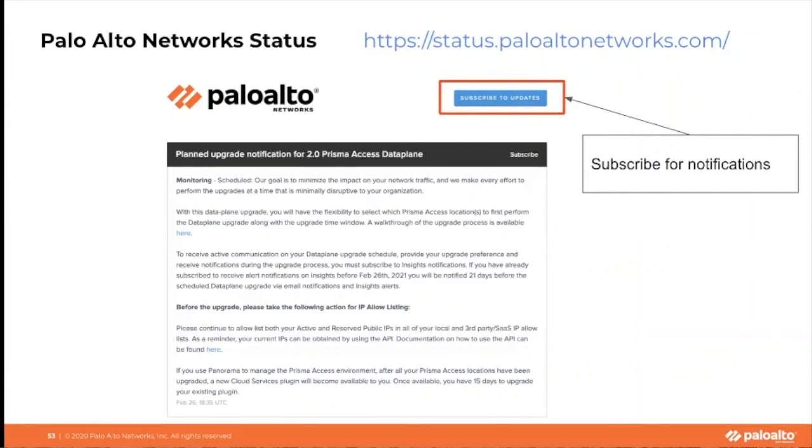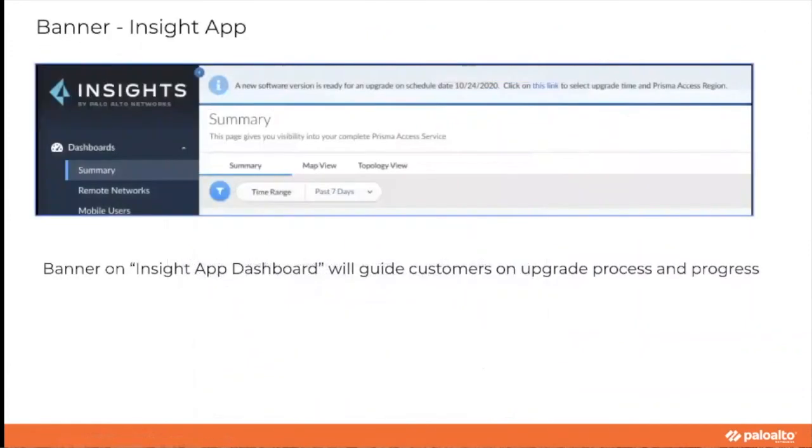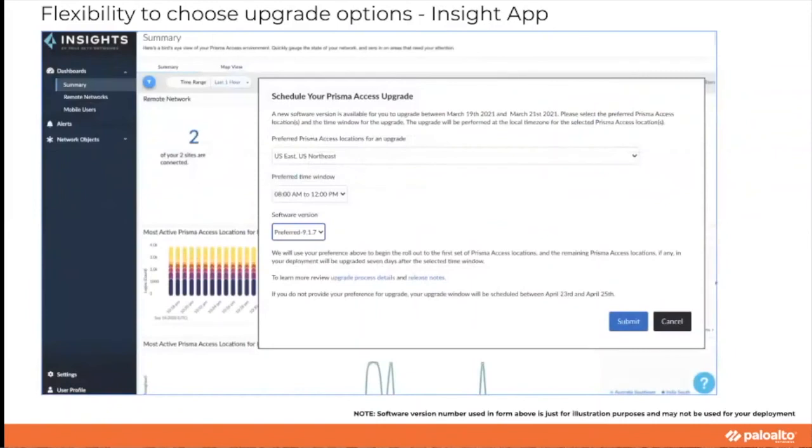In addition, Prisma Access Insights is what gives you your tenant and your Prisma Access specific upgrade information. This is where it's very important that you pay attention and subscribe to notifications so that you can click on that link when it appears, and that will take you to this screen, which will allow you to schedule the time of your upgrade and walk you through that process.